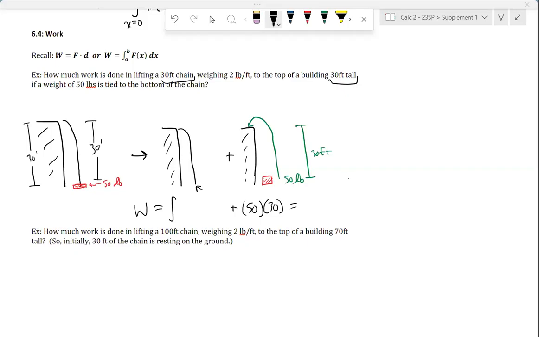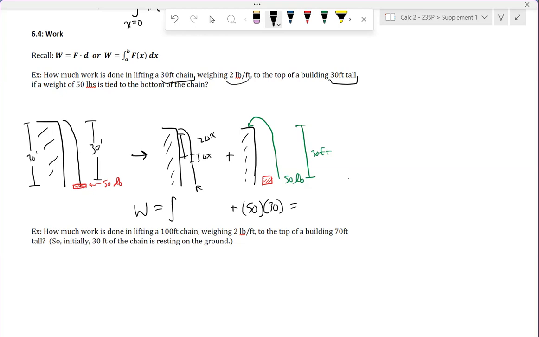Okay, so this rope here, remember what we did is we took some segment, length delta x. So it has total weight, in this case, 2 delta x pounds. So delta x is in feet, so 2 delta x pounds. And we said that has to move some distance up to the roof.